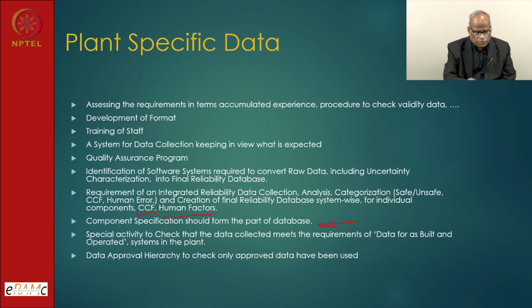Then a quality assurance program should be part of this. So, computerized data collection format, then quality assurance program, then trained team, and then identification systems for raw data. Raw data is not coming in a way we can directly use it. A lot of refinement, analysis, filtration has to be done before we make reliability data for our PRA application.